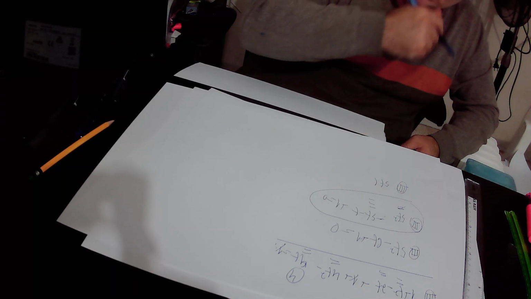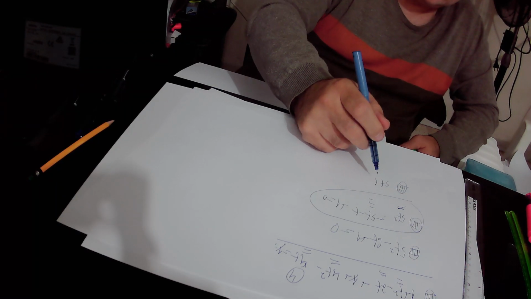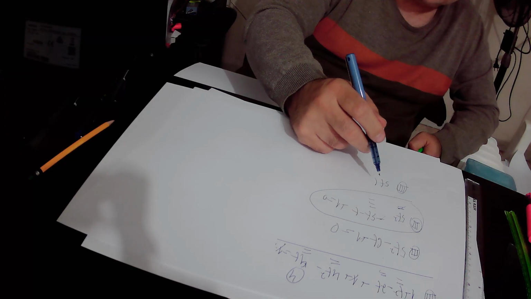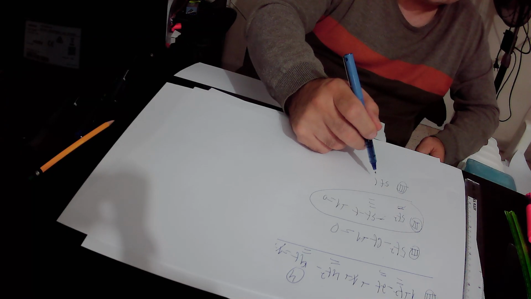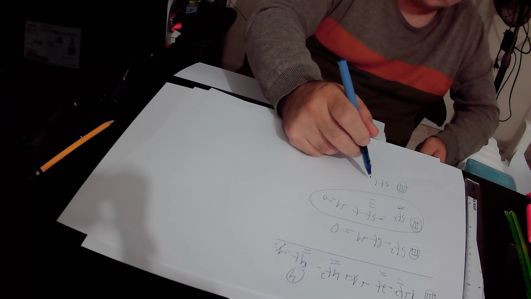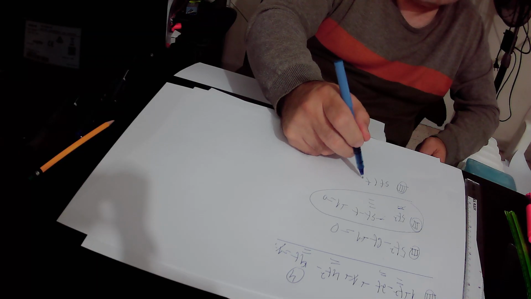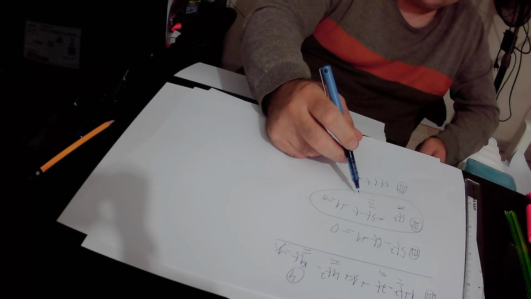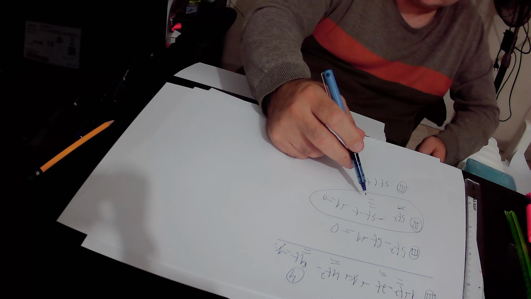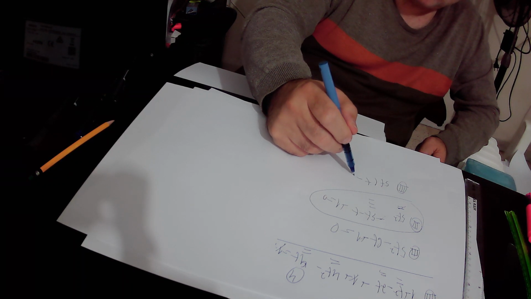Inside the brackets we have what is left from 5t squared after we took from it 5t as a common factor. What is left is actually t, and what is left from minus 5t after we took from it 5t as a common factor is actually minus 1.